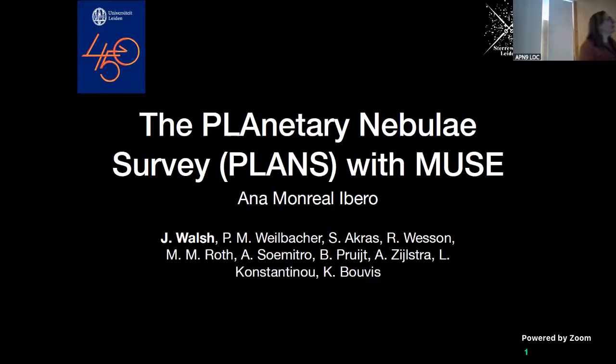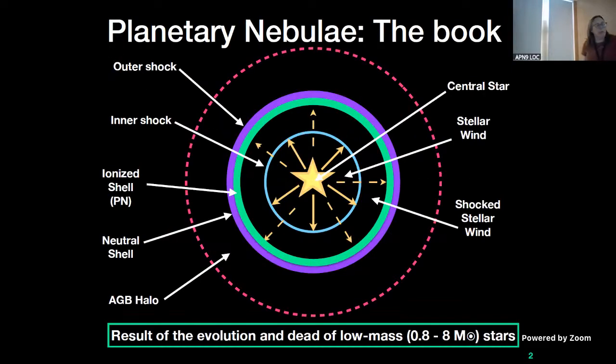So we are going to start at the very beginning, which is, I would say, a summary of what we have seen this morning. When you take a book of interstellar medium or ionized nebulae or even stellar evolution, and you go to the section where planetary nebulae are described, you will find a piece of text or perhaps a sketch that describes planetary nebulae with something similar to this.